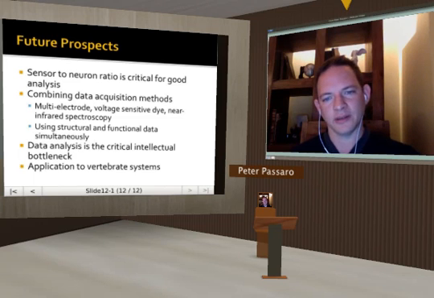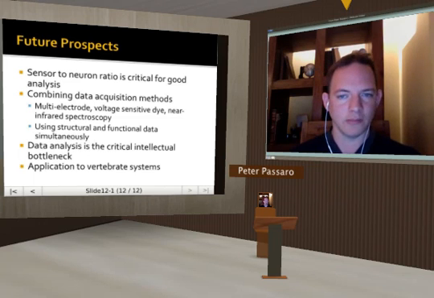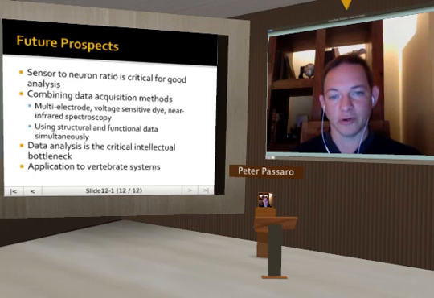Yeah. So I think the problem there is that we don't have the experimental systems to do that on the scale of vertebrate brains right now.